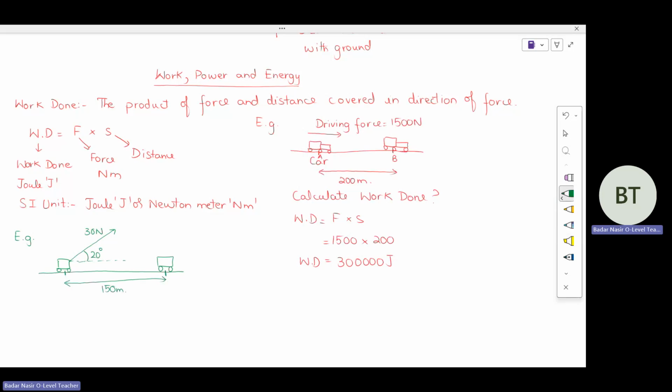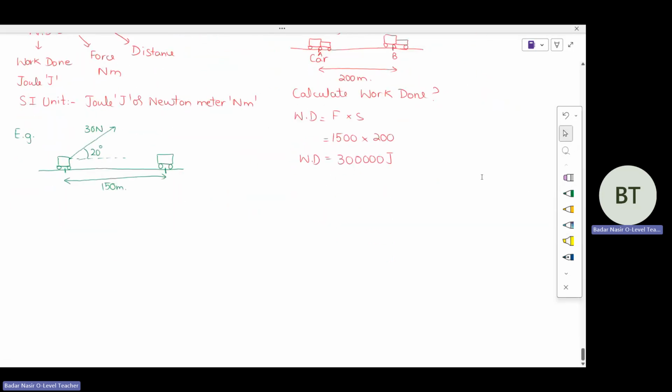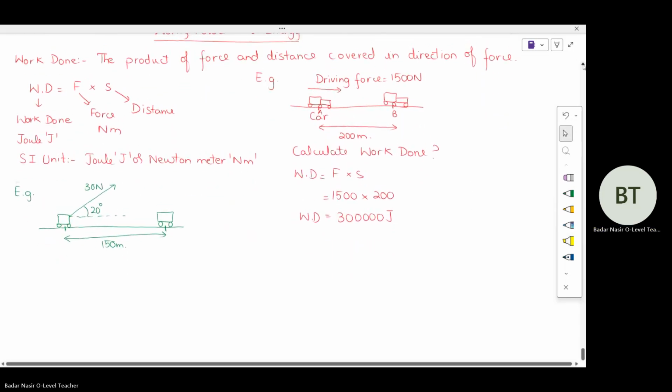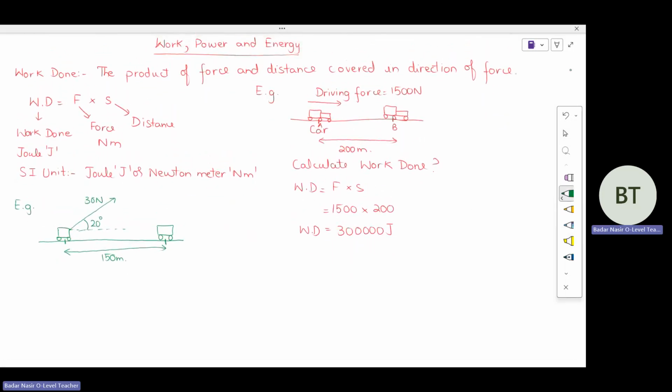And in this question, they ask you to calculate the work done. So what is happening in this? First of all, what is he saying?